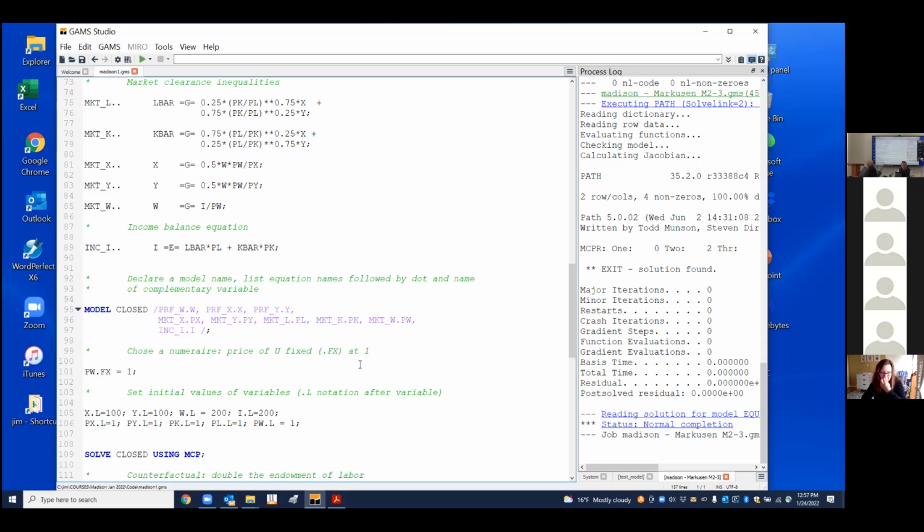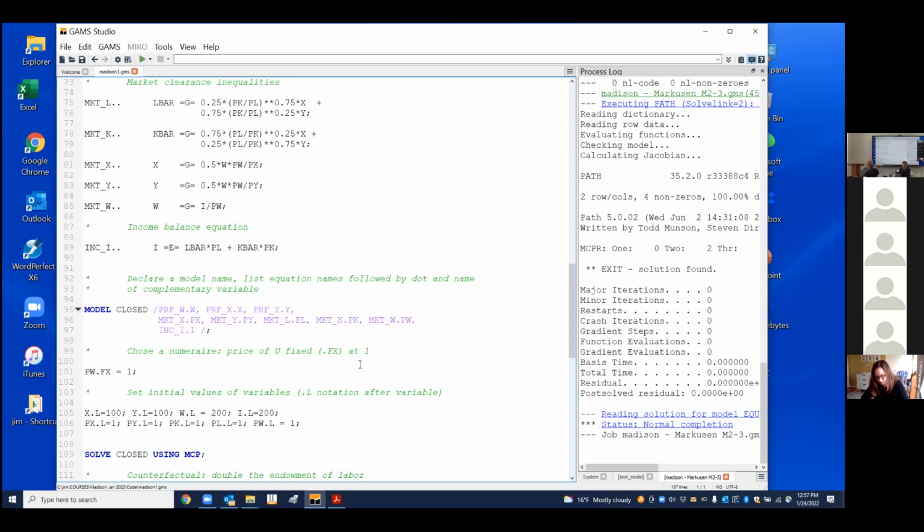Lo and up are the lower bound and upper bound, so if you set them both the same, you fix the variable. When you unfix a variable, you have to put in those two commands: px.lo equals 0, px.up equals plus infinity.